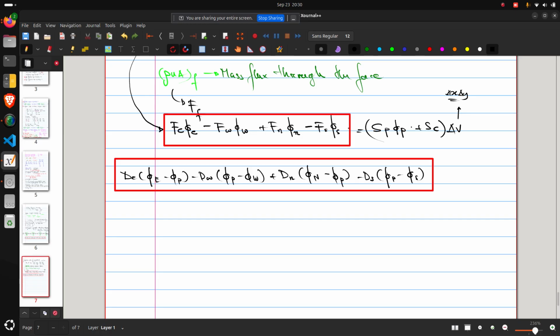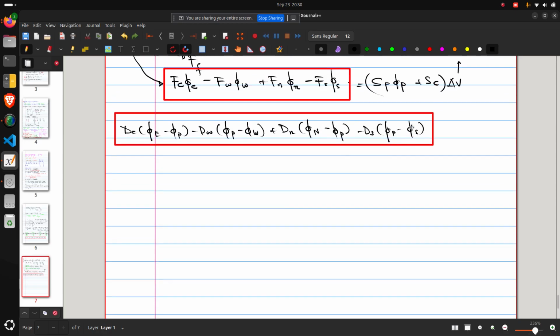Now we'll try to formulate the form that we have been working on for so long, aP phi P equals summation of a nb phi nb plus b, as we had for the diffusion equation, steady diffusion and unsteady diffusion, both the problems that we dealt with.